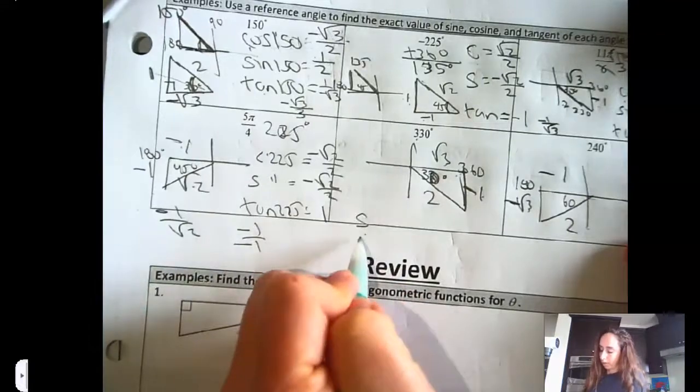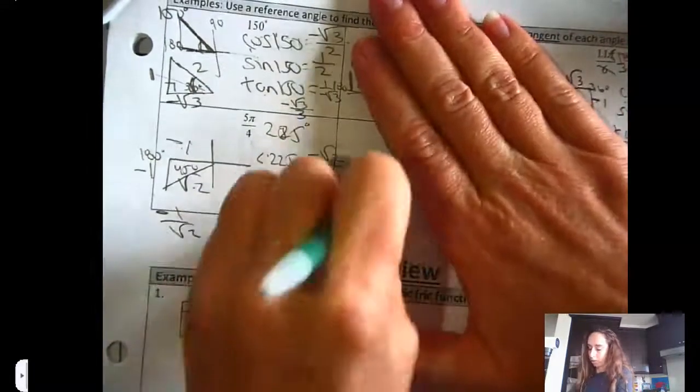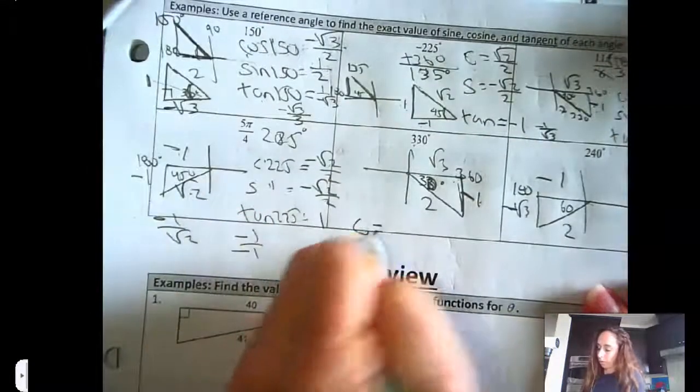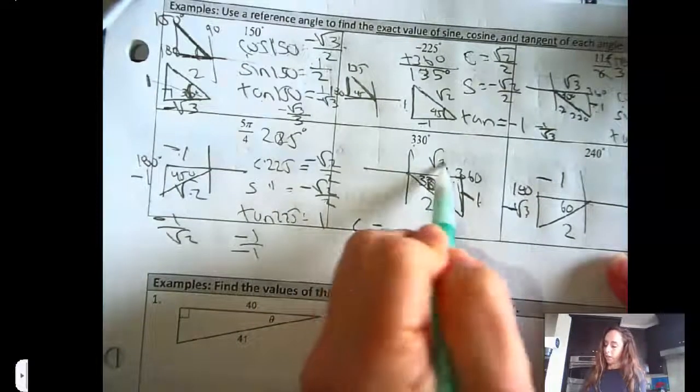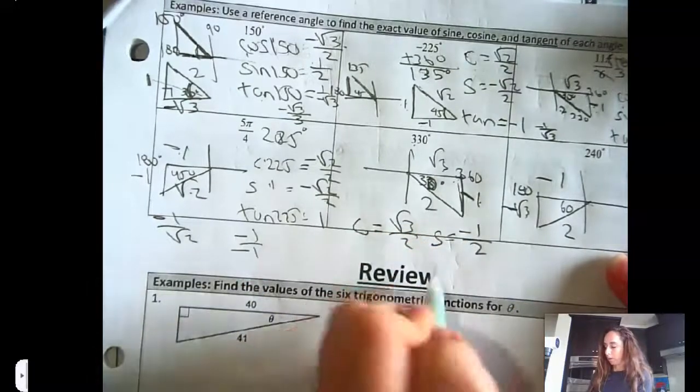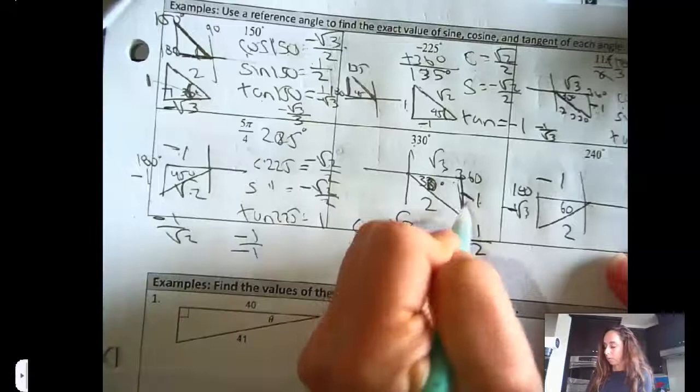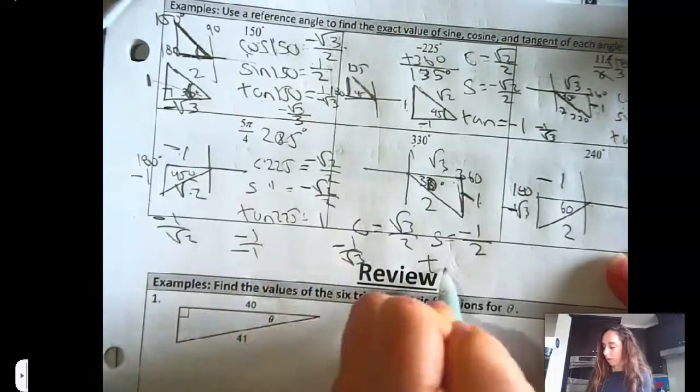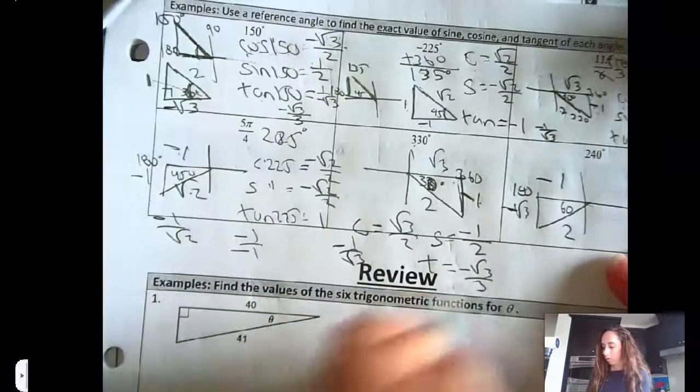All right, what am I always starting with? Cosine? So the cosine one is adjacent over hypotenuse. Sine is opposite over hypotenuse, and then tan is equal to negative 1 over rad 3, which is negative rad 3 over 3.